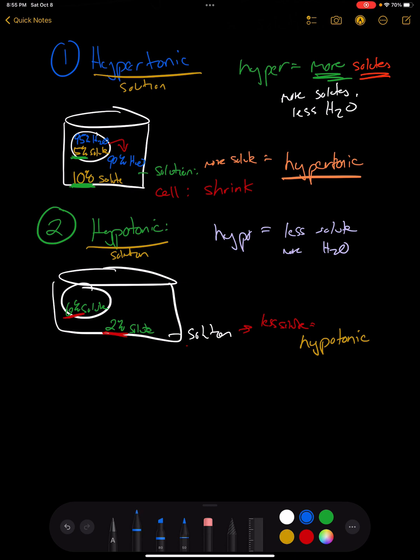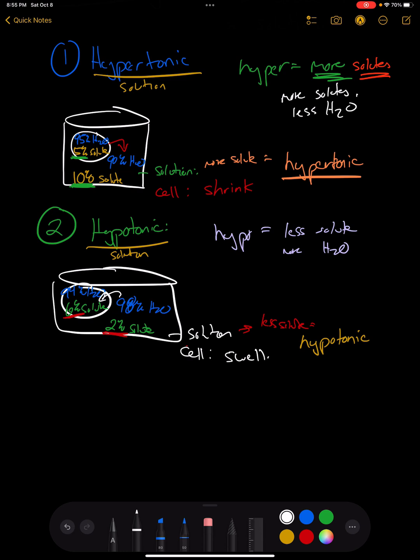Now I just make the difference up in water. If I have 2% solute, that means I have 98% water. If I have 6% solute over here, I have 94% water. And water, because of osmosis, goes from high to low. So this water is going to move inside my cell. That means my cell is going to swell.